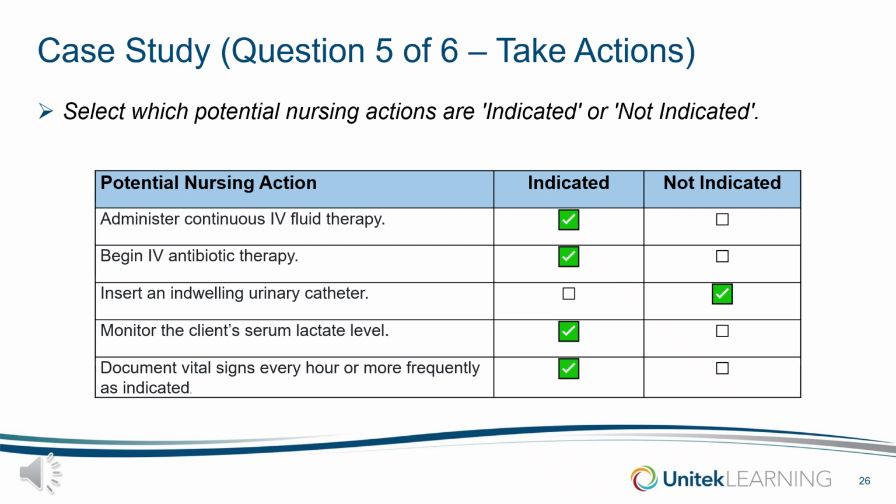IV fluids will be needed to address the patient's fluid status. IV antibiotics will help address the concern of infection. Monitoring lactate levels will help to track concerns of sepsis. And finally, the nurse's documentation of the vital signs will also be helpful to address any client physical signs and symptoms changes as soon as possible.